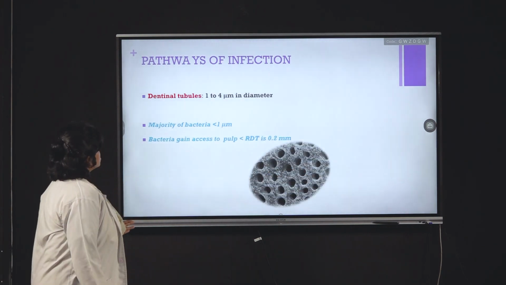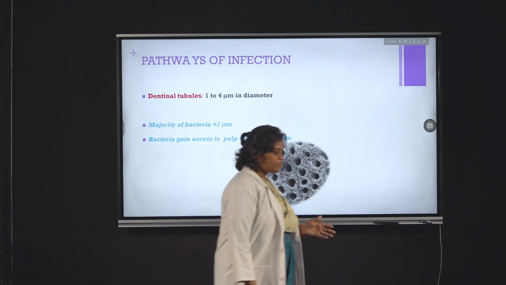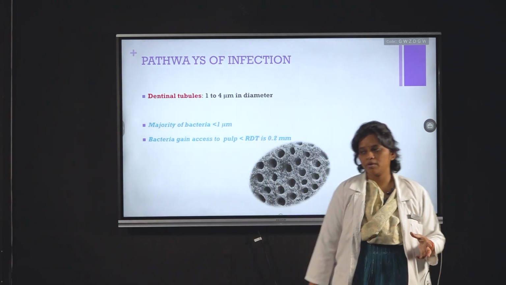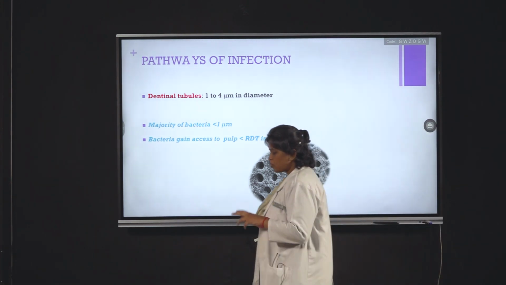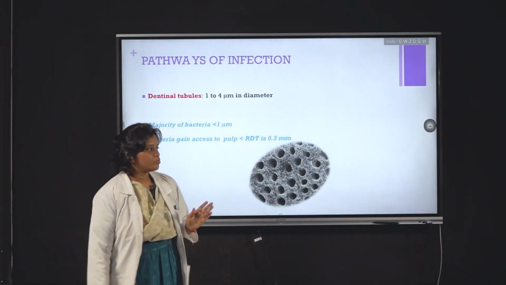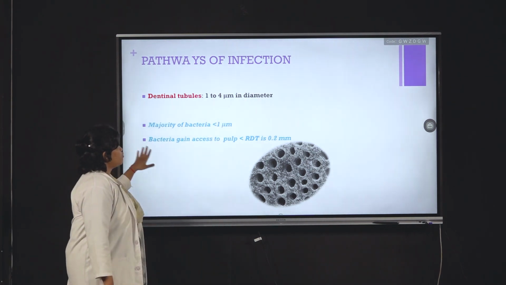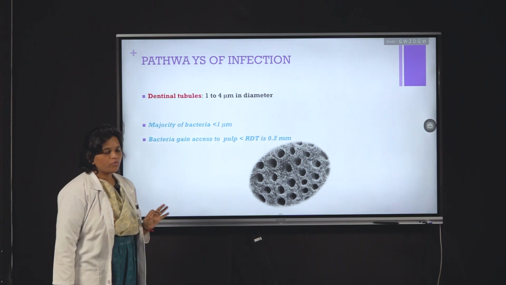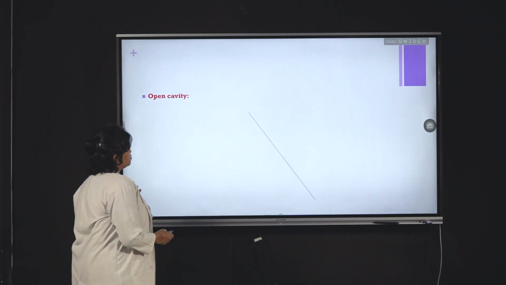Moving to the next topic, which is pathways of infection. As I already mentioned, enamel and dentine are protective layers of the pulp. Once the dentine is exposed, you have dentinal tubules. Dentinal tubules vary in diameter from 1 to 4 micrometers, and bacterial size is hardly 1 micrometer. Now you can see here, these are the dentinal tubules.